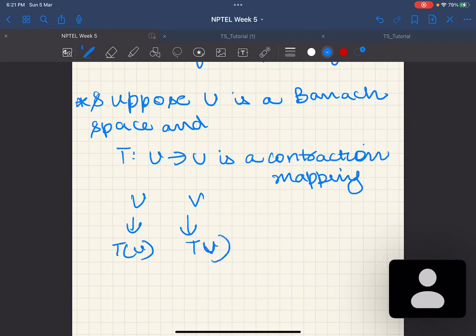Suppose U is a Banach space and T is a contraction mapping.